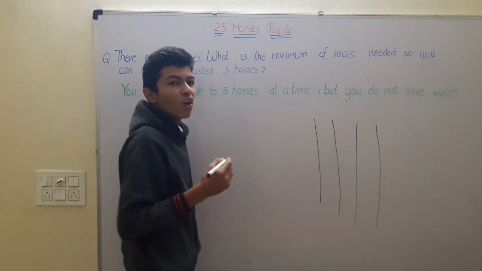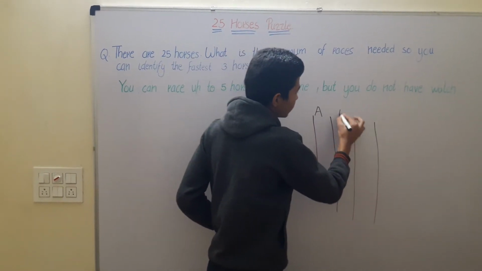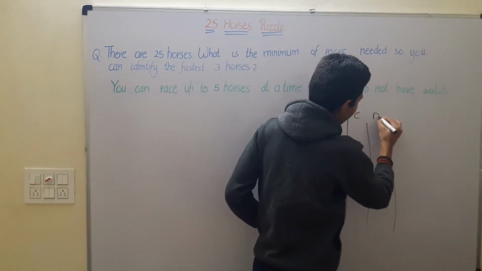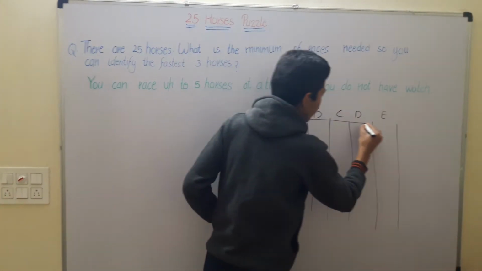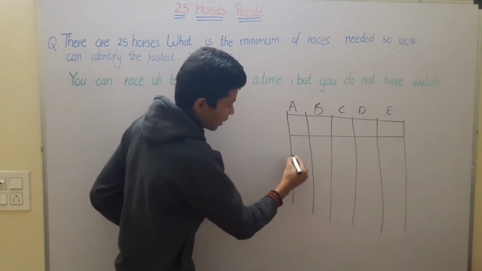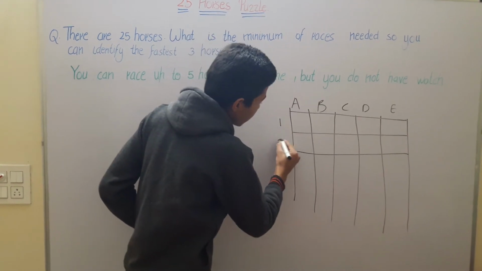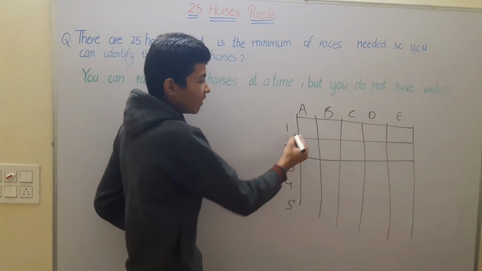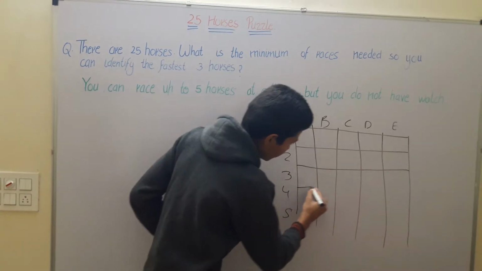Let's make the rows of the 25 horses, naming the rows A, B, C, D and E. In the other direction we make columns, named 1, 2, 3, 4, 5. So the location of this horse would be A1. Like that we make all these rows.